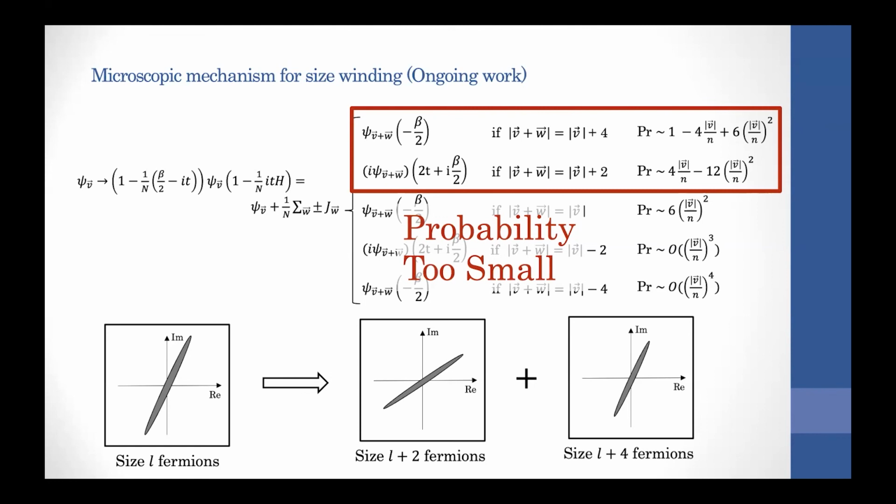What I'm trying to drive towards is, if I had a generic scrambling system, to go back to the original question, how would I know if I saw some teleportation? What signatures would I look for that would tell me that this is size winding versus just something else? I think you can do different things.